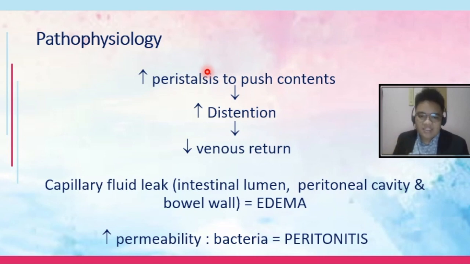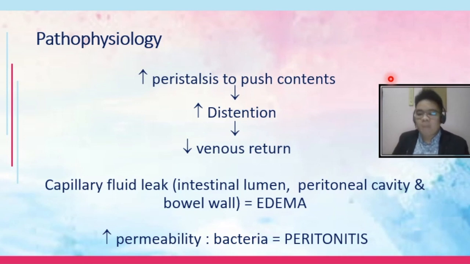In the long run, there will be a decrease of venous return because of the compression on that area. And if there is a decrease in venous return, meaning the blood and the fluids are pooling on that part of the intestine which is distended, there will be a capillary fluid leak. The fluid from the small intestine would leak to the intestinal lumen, the peritoneal cavity, and even to the bowel wall.